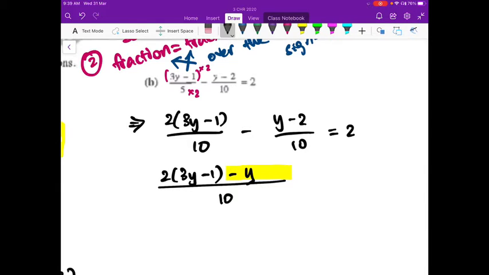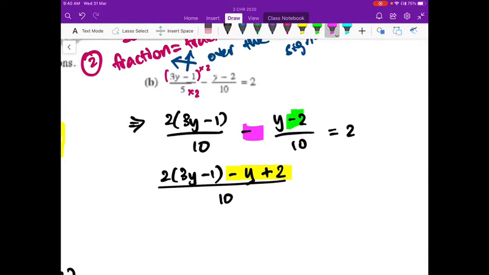Confirm plus? Come on, have some confidence. Yes, plus. Look at the screen now. This is minus y plus 2. So why did it become a plus when this is obviously very clearly a minus 2?